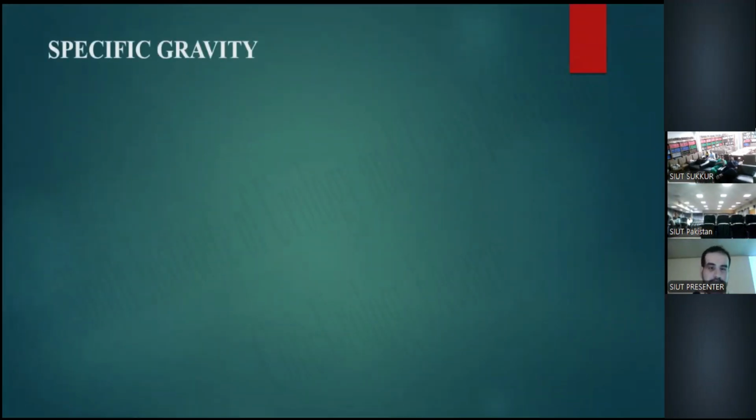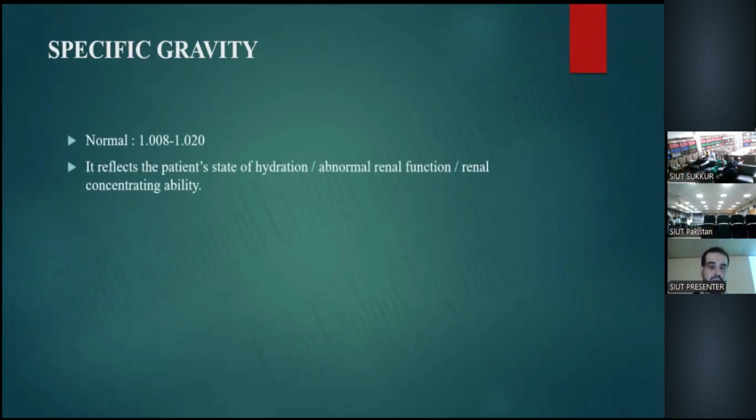Specific gravity normally should be 1.008 to 1.020. It reflects the patient's hydration status, renal function, and the renal concentrating ability of urine.